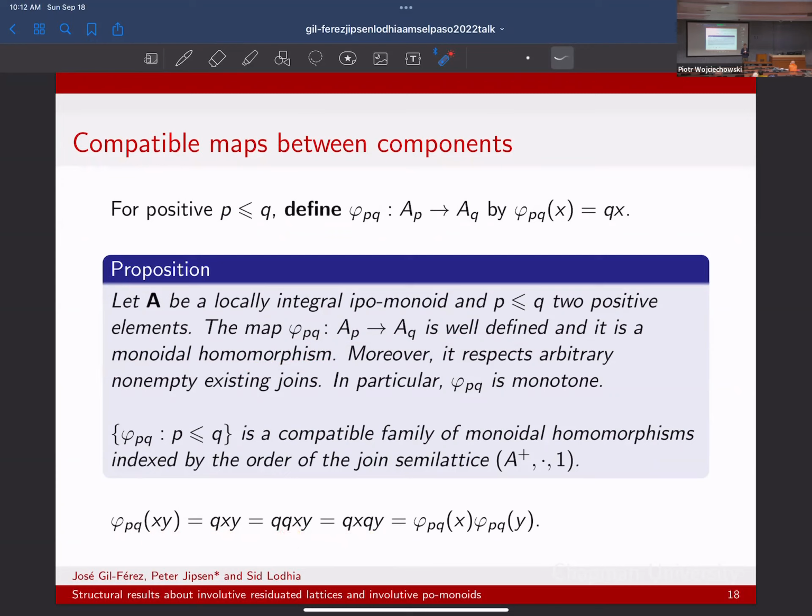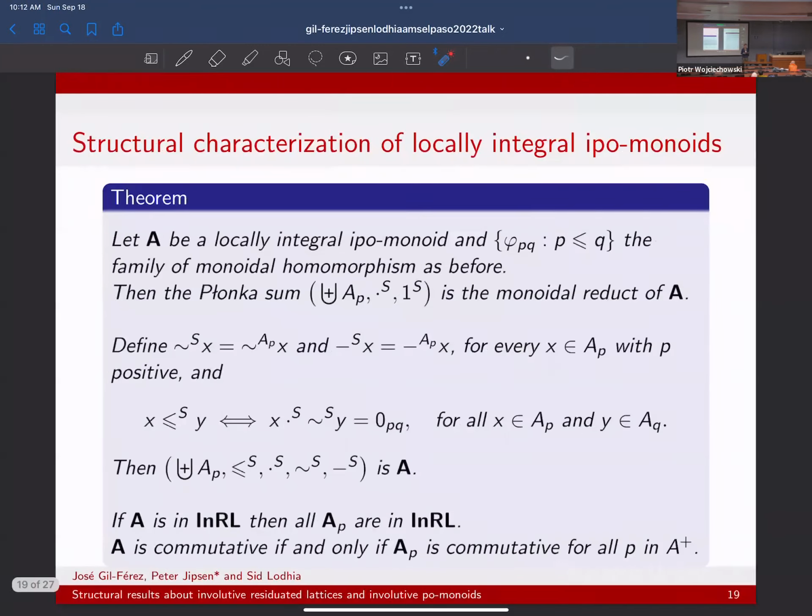So it's almost tailored to work. Of course, we didn't say centrality in the assumptions of local integrality, but it turned out that local integrality forced centrality on the elements in the positive cone.